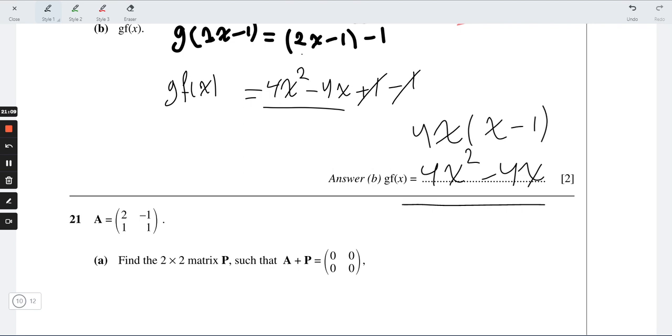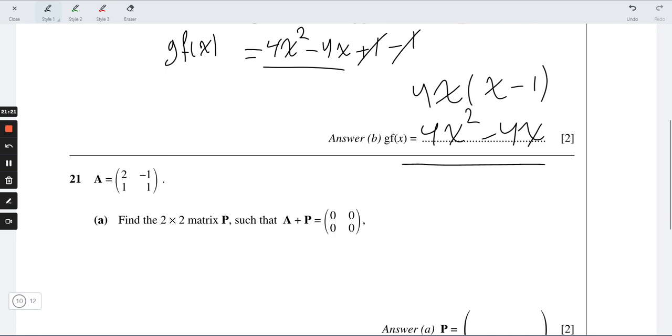Now here we have a matrix A and we need to find the 2 times 2 matrix P such that A plus P equals the zero matrix, 0, 0, 0, 0. So now here what we will do is the following. That means A plus P, and P you could write it as, I don't know, x y z d.